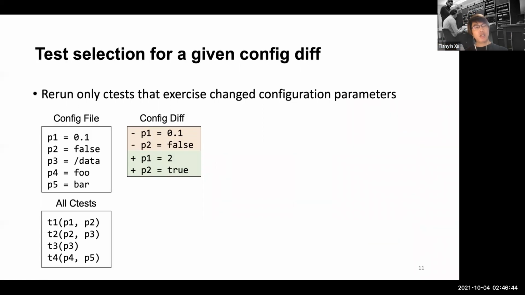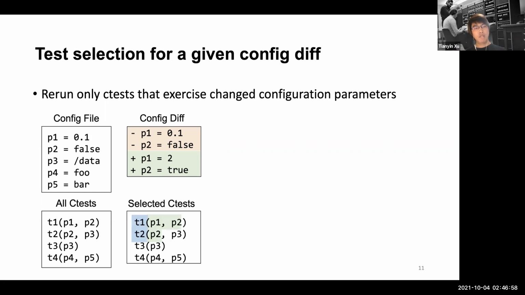I hope at this point, you see some of the power of C-test. We design some test selection algorithms for each given configuration diff, so that we only need to rerun a subset of C-tests that exercise the changed configuration parameters rather than run every single one. I hope I have time to explain this example to you, but essentially what I want to show is that in this very simple example, only 50% of the tests need to be run, because the other tests don't really touch the changed configuration.